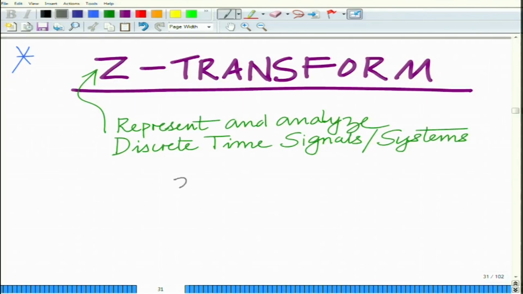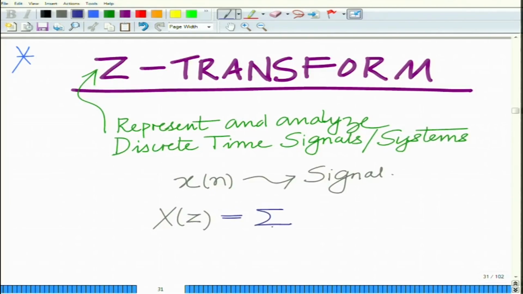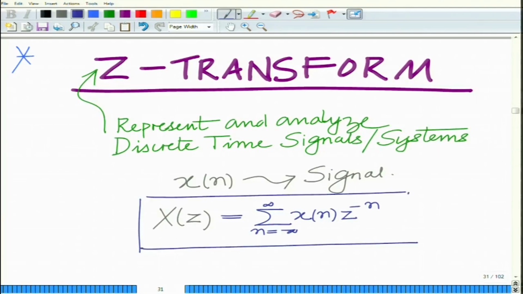Now for a given signal x[n], the Z transform X(z) is defined as X(z) equals summation n equals minus infinity to infinity x[n] z raised to the power of minus n.